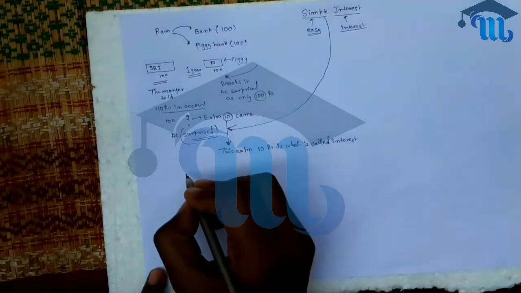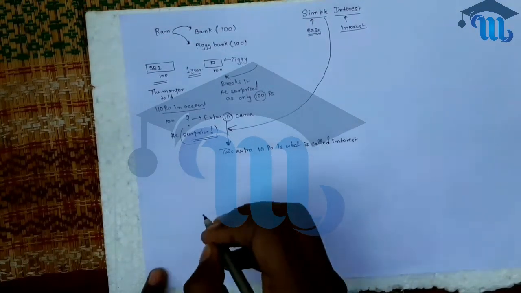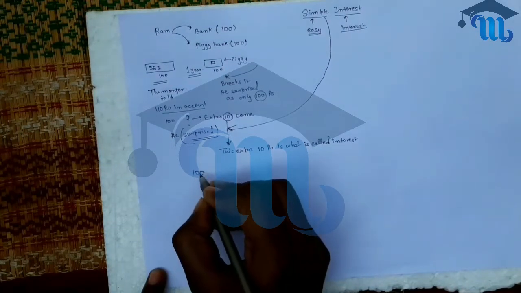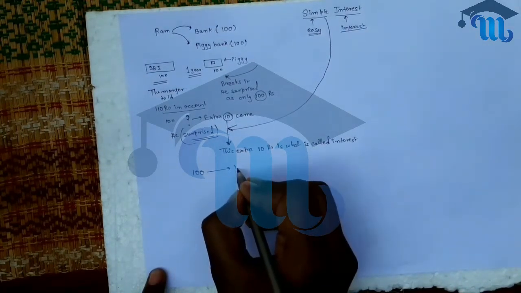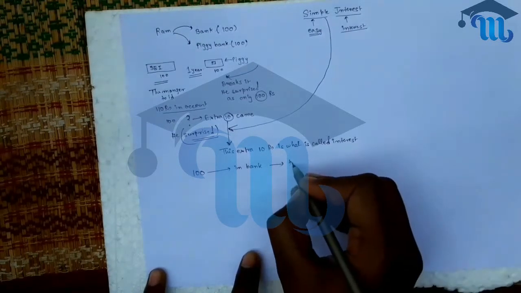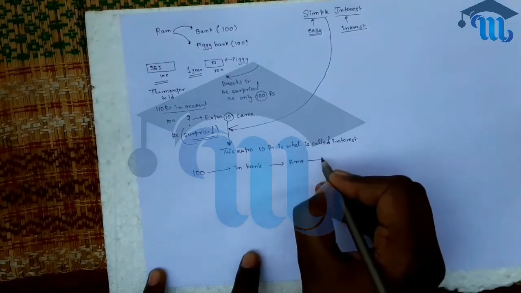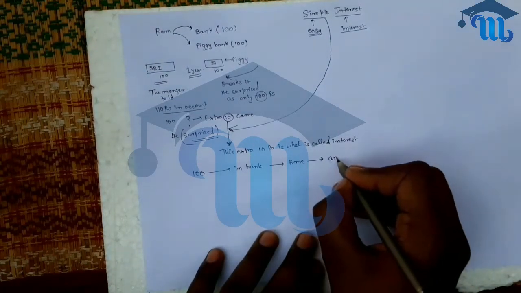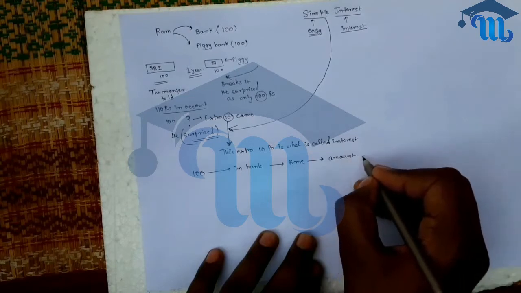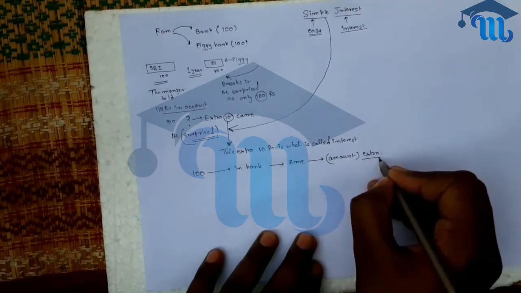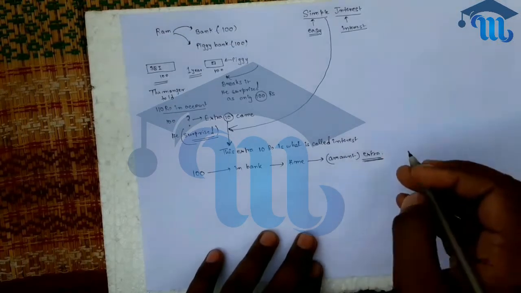In simple language, if a person deposits some money in a bank for some period of time, he will get some extra amount. This extra is the interest.